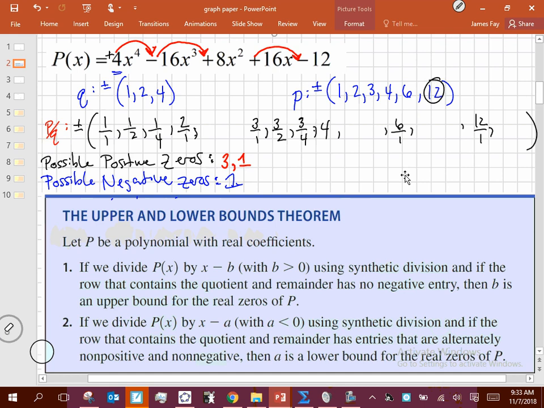The second part of this says, okay, what if we put a negative number in that box? Okay, put a negative number in that box, start dividing. This case says if your quotient line alternates non-positive and non-negative. I'll talk about what that means here in a moment. But if it alternates back and forth between pluses and minuses, then that negative value put in the box is the lower bound for the zeros of P. Okay, so it won't be any values.